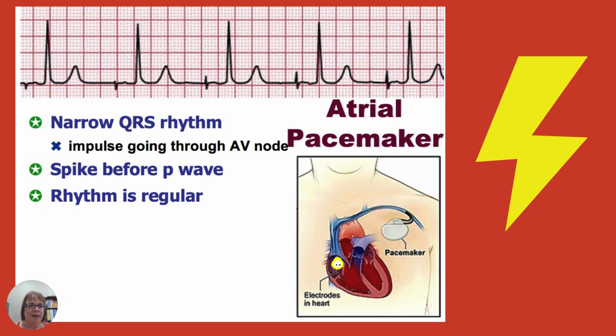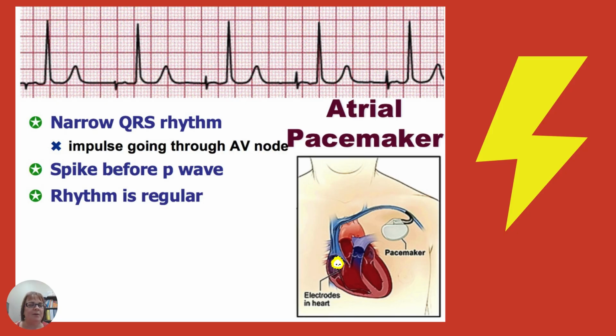An atrial pacemaker is a pacemaker placed in the atrium to get the heart to stimulate, to start that electrical impulse for the heart. And what you would see on the strip are called pacer spikes, pacemaker spikes. This is firing to get that atria to start going, to start the whole process of the heart, to keep it at a certain level.